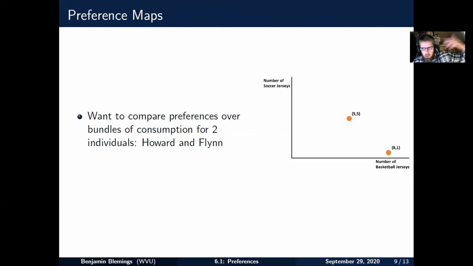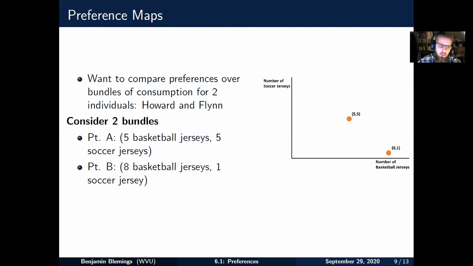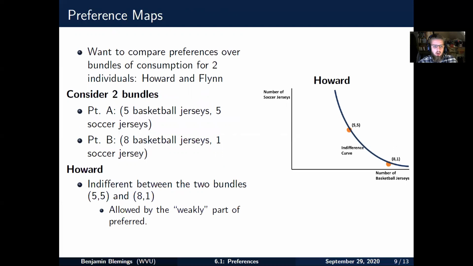Different people can have different preferences over these different bundles of goods. We're going to consider these 2 bundles, and I'm going to call (5,5) point A and (8,1) point B. Let's first consider a point for Howard. Howard is indifferent between the 2 bundles, (5,5) and (8,1).